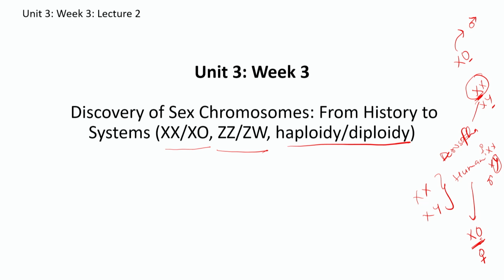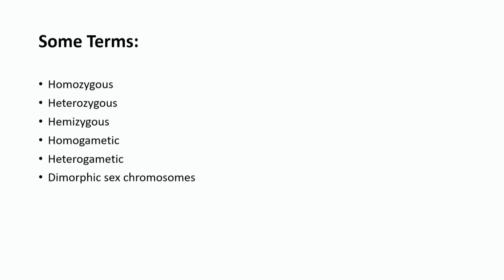So, this is a quick revision of the last class, and in this class we will discuss these various systems: XX, XO and ZZ, ZW and the haploid-diploid system. So, first let us understand a few terms. Sometimes we get very confused about them, they appear very similar. Homozygous, you all know, when we have two copies of the gene, and both are of the same type.